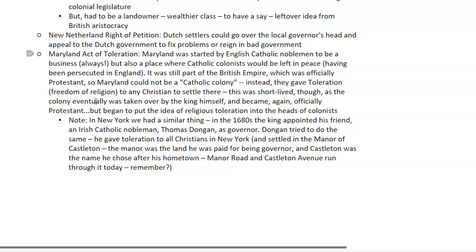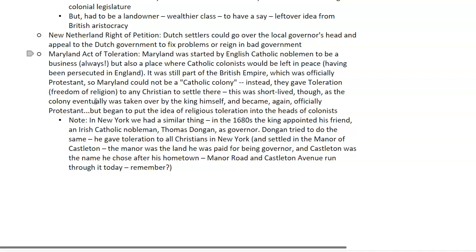I also point out, they didn't mention it, in New York we had a similar thing. In the 1680s, the king appointed his best friend, this is true, Thomas Dongan, who was an Irish Catholic nobleman, as governor. Dongan tried to do the same.